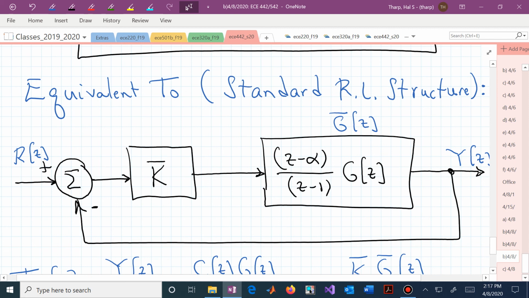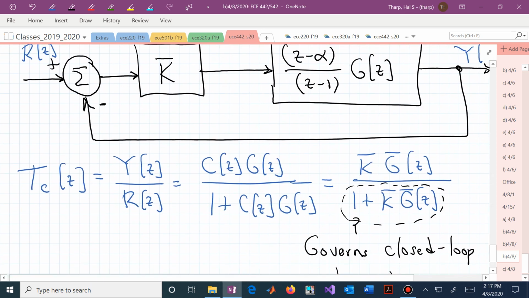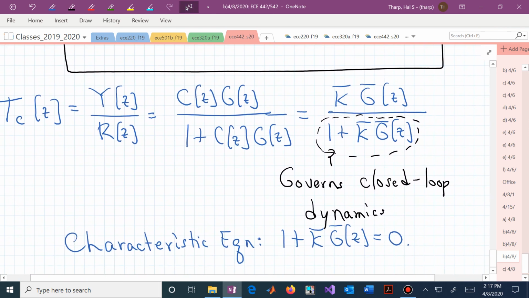But in this restructured block diagram, we've now pushed the pole at 1 and the 0 at alpha into our generalized plant block. And now what we still have available to us is the opportunity to adjust a single gain K bar once we've fixed the 0. And again, we can manipulate the dynamics of our closed loop system by adjusting that K bar, and we now are going to learn how to manipulate that K bar by using rules known as the root locus design rules.